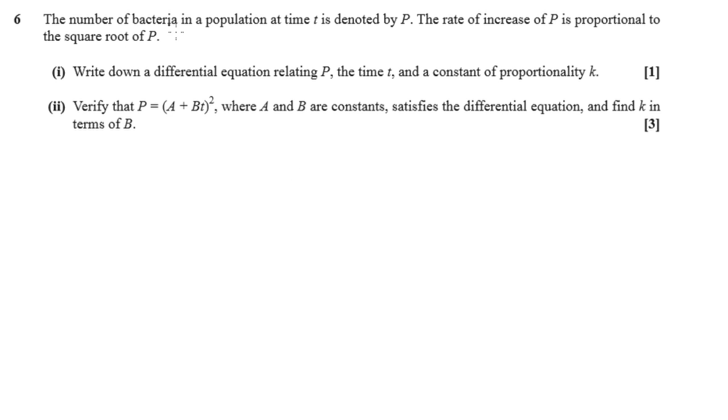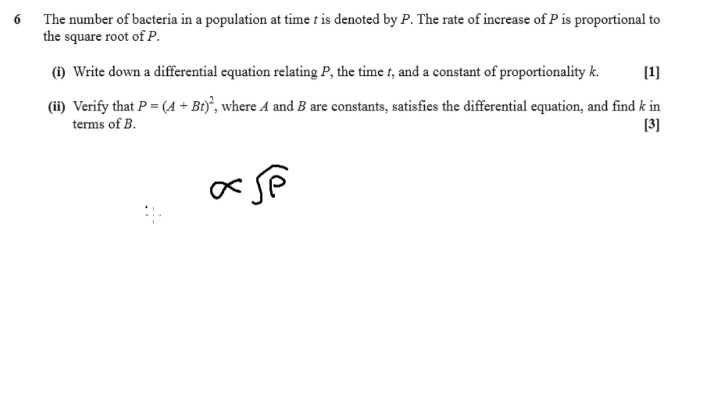So the number of bacteria in the population at time t is denoted by p, and the rate of increase of p is proportional to the square root of p. Write down a differential equation relating p, t, and proportionality k. So from the question itself, we can see that the increase of p is proportional, so let's start with the proportional sign, to the square root of p, and the rate of increase of p.